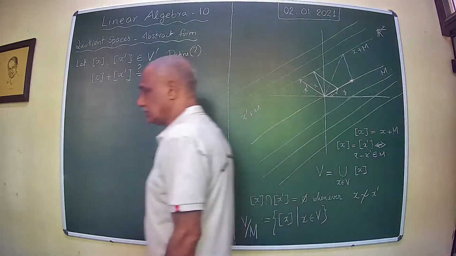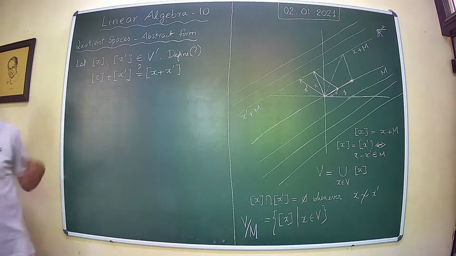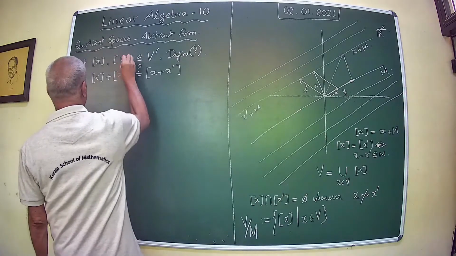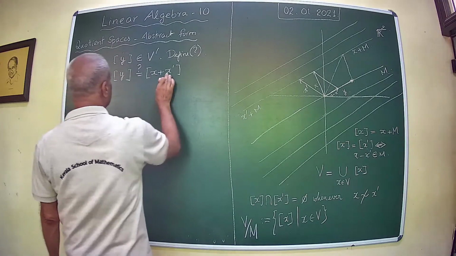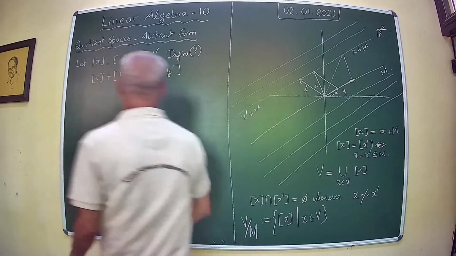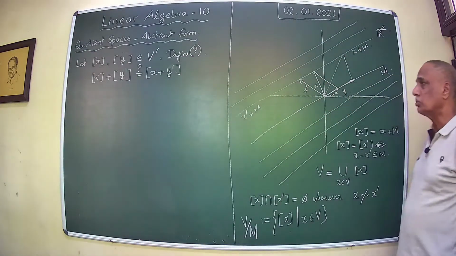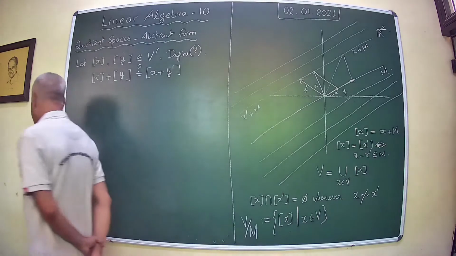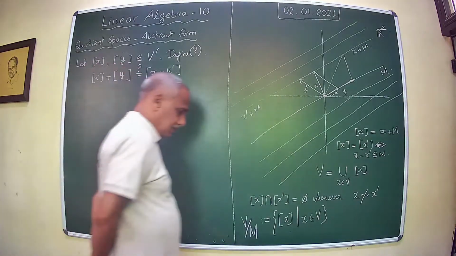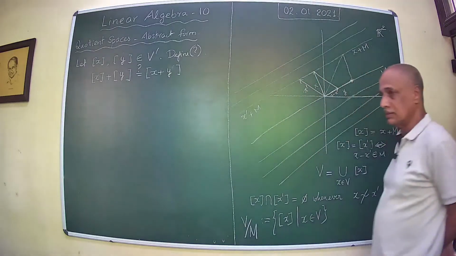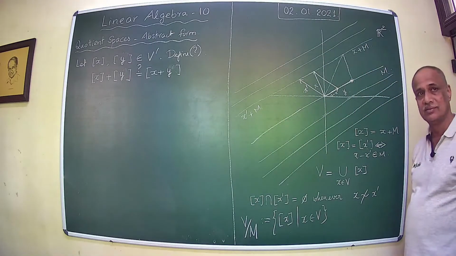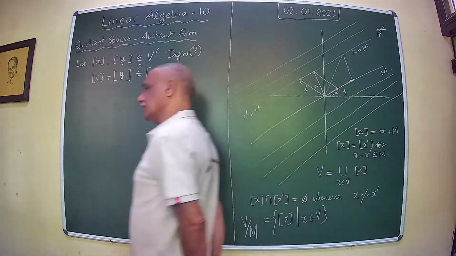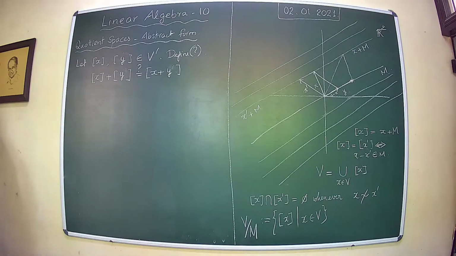The question is relevant because you have bracket x generated not only by x, but by any other x prime which has the property that x is related to x prime.